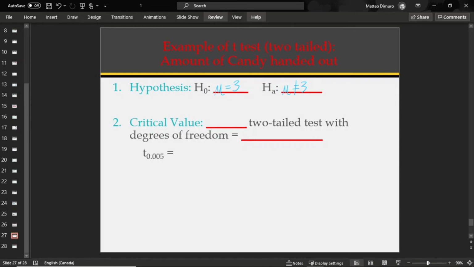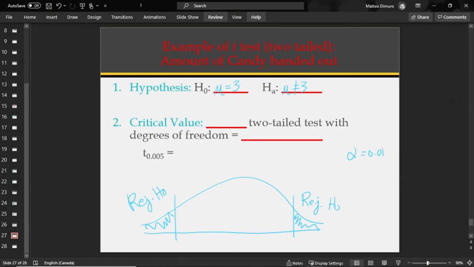Let's go find the critical value. Now, remember, draw your picture. It's a two-tailed test. So we're going to reject H0 in this region and reject H0 in this region. We have an alpha value of 0.01.